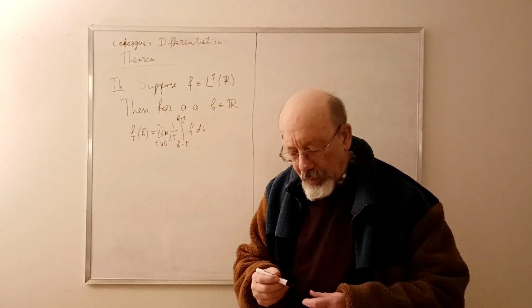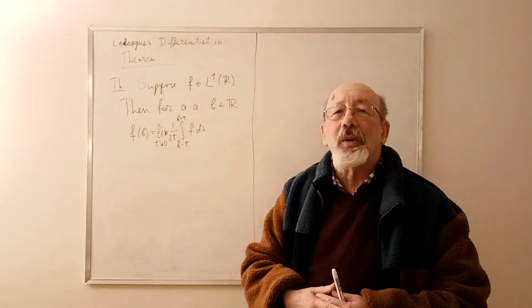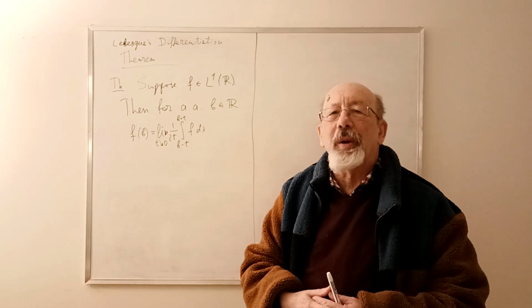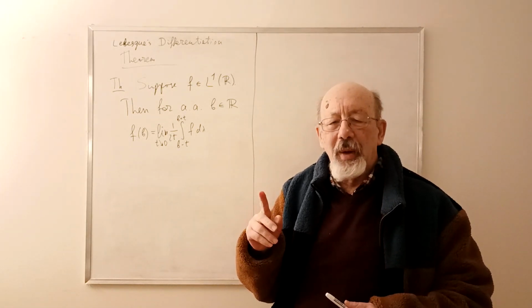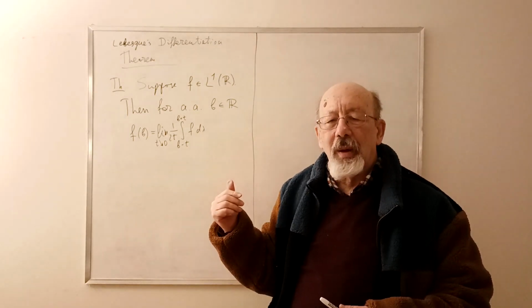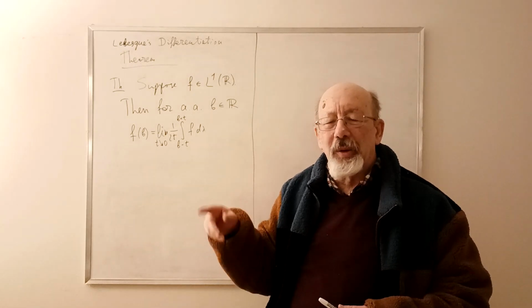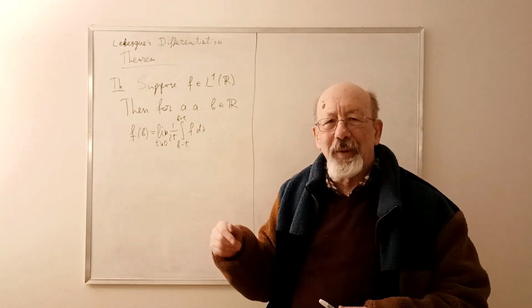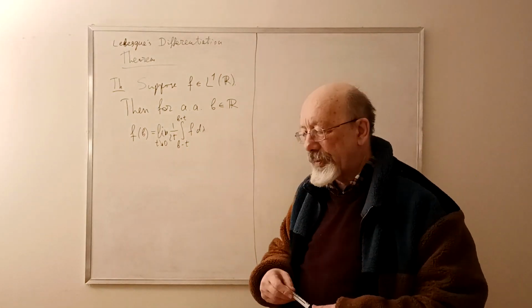So it holds automatically for a continuous function. And this theorem says that for a continuous function f, it is true for any b, and for just a measurable function in L1, so its integral of its modulus is finite, it holds for almost all b.